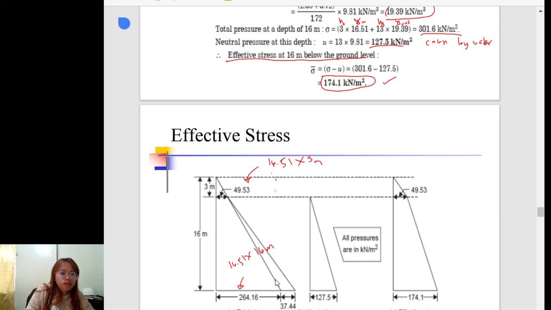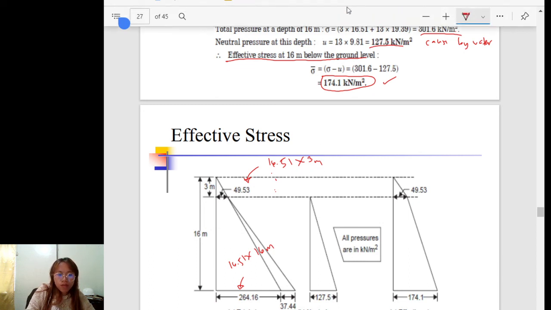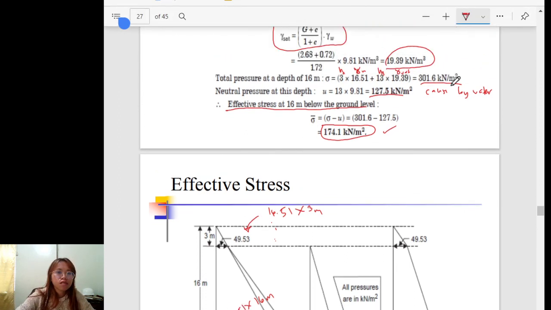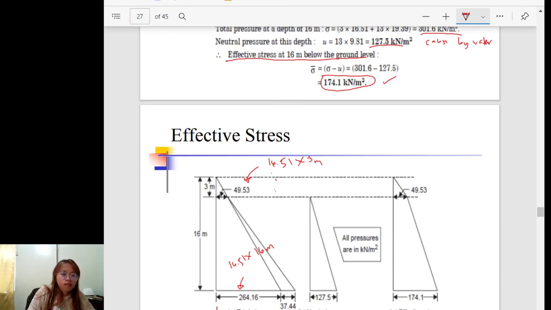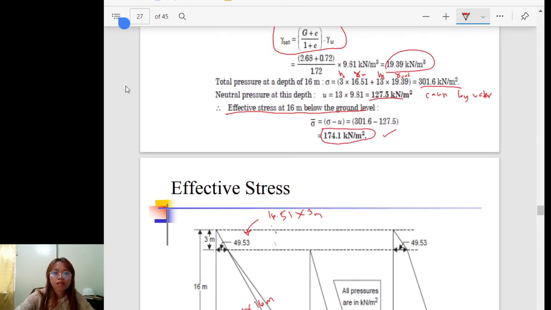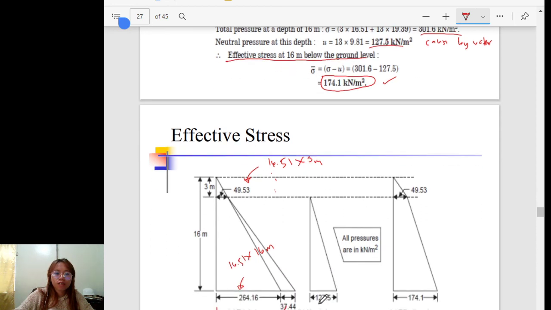Plus 37.44, giving 301.6. So the total of this one is equal to 301.6 kPa, and the pore water pressure is 127.5.